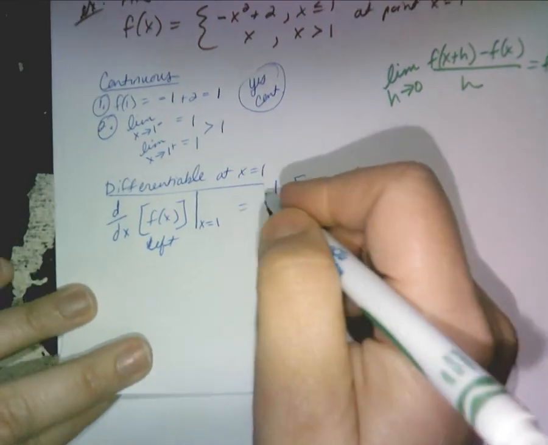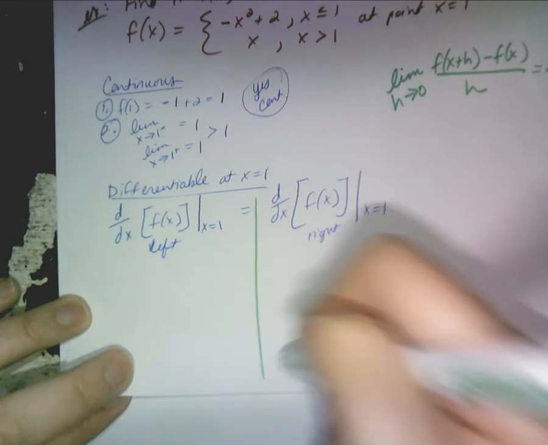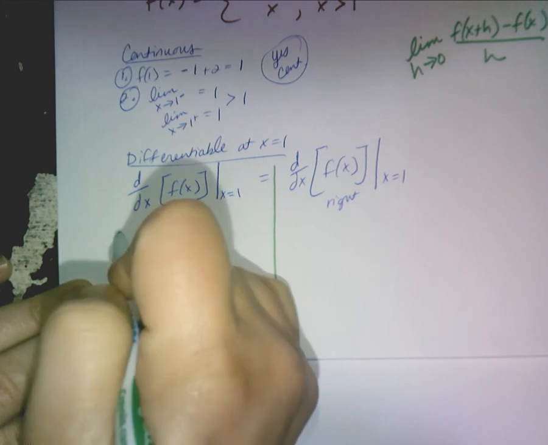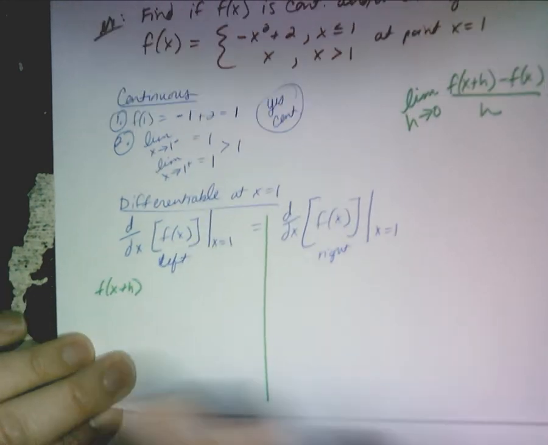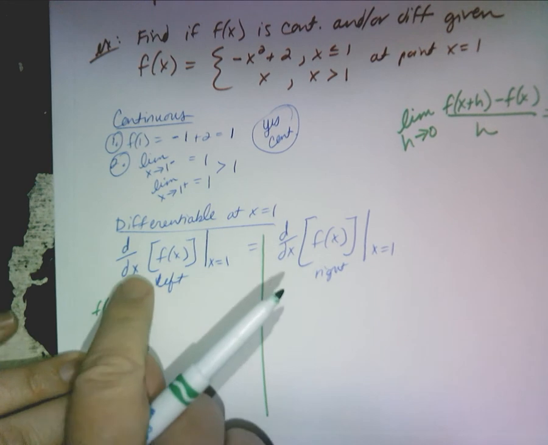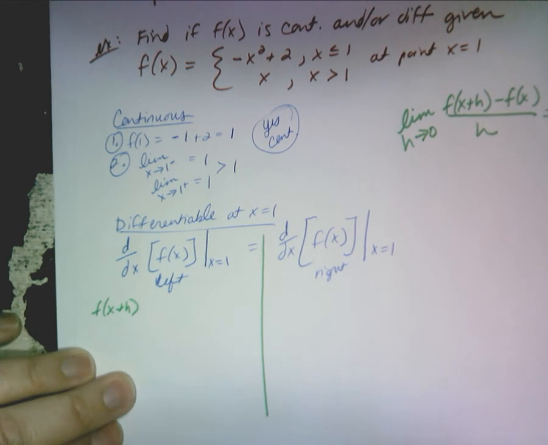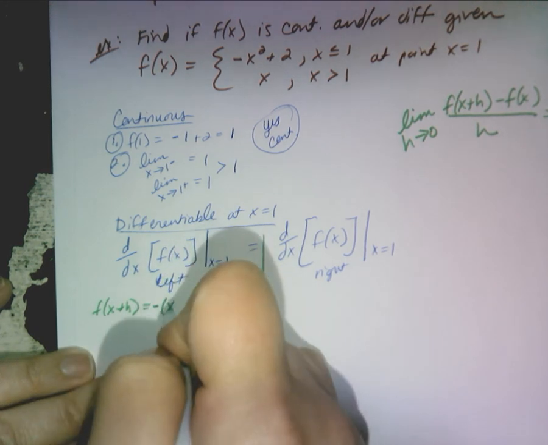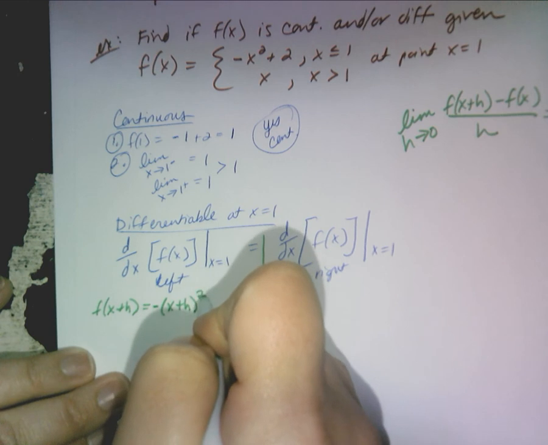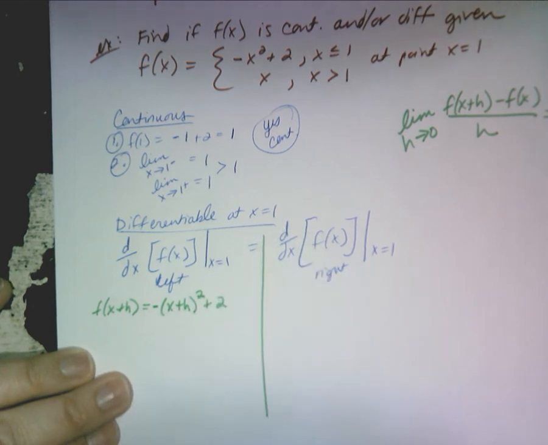So we'll start here on this side. What is my f of x plus h? What would I do with x plus h? Where would I plug that into? Wherever there's an x on the top or on the bottom? Top. Okay, so negative x plus h squared plus 2.